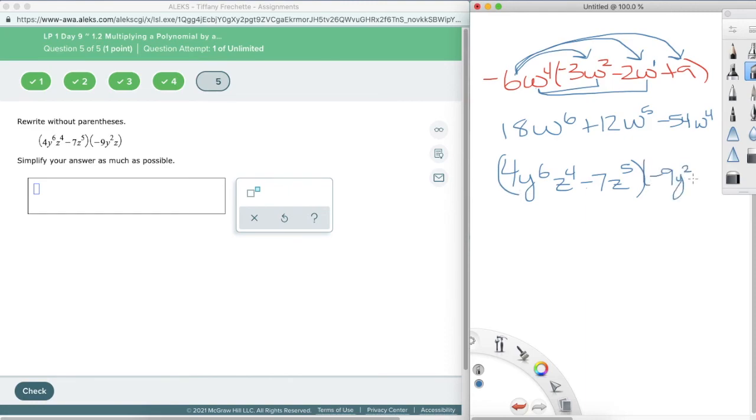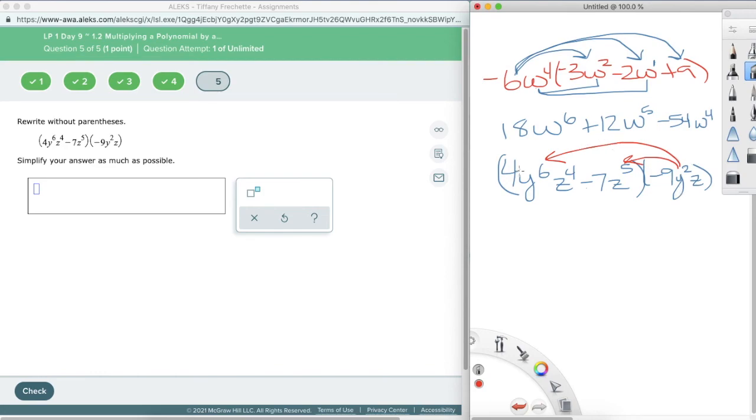They don't like my z's. All right, so I'll go ahead and distribute this in red. So even though it's on the right side instead of the left side, we still do the same thing. I'm going to take this one thing that's being multiplied and I'm going to distribute it, just like we would on the other one. So I'm going to go ahead and go to the first one here.